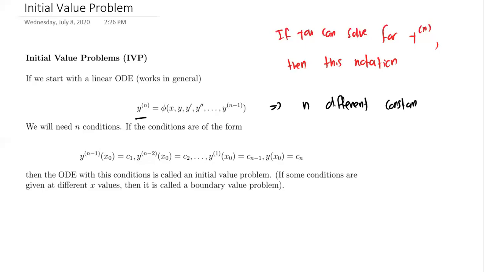So every time you integrate, you get a new one. That's what I mentioned in previous videos. What that means is if you want to get rid of these n different constants of integration, you're going to need n either initial or boundary conditions, or a mix of them. Okay.